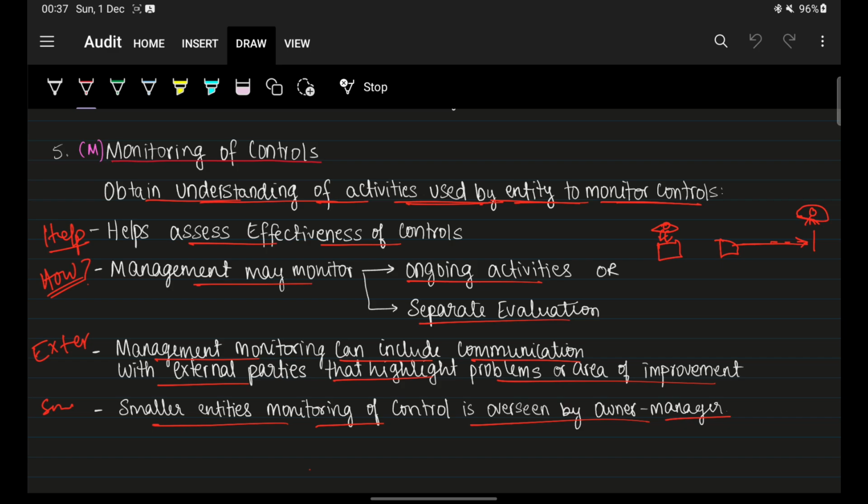Third, they can communicate with external parties to indicate any problems or get any area of improvement. And the last point is, in smaller entities, the owner or manager will be monitoring the controls. Okay, so that completes the components of internal control.